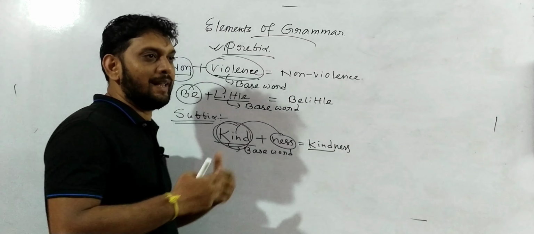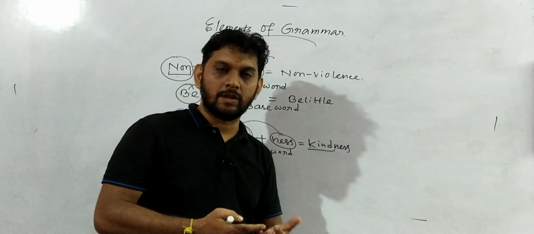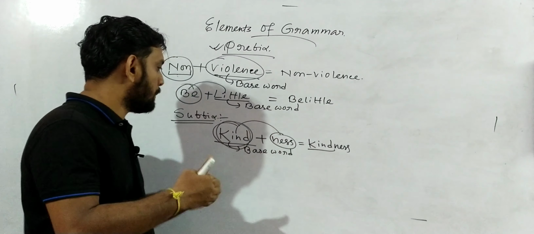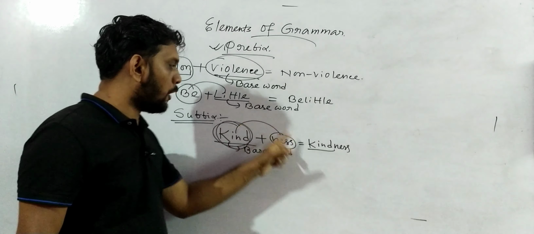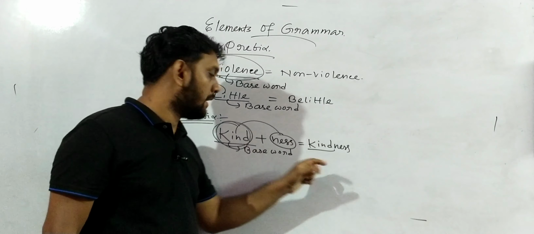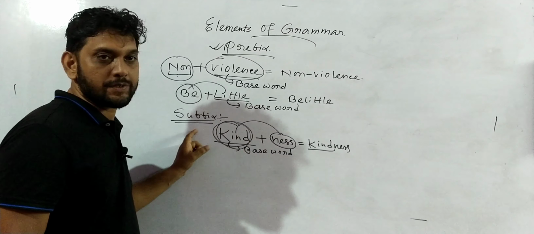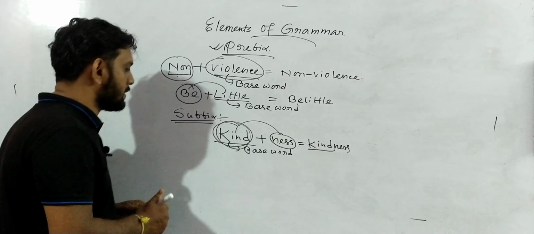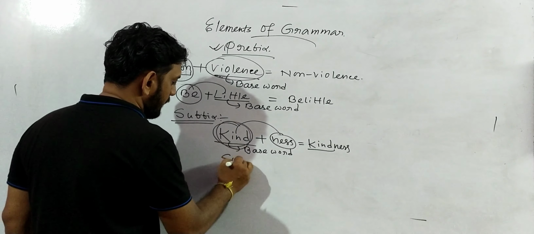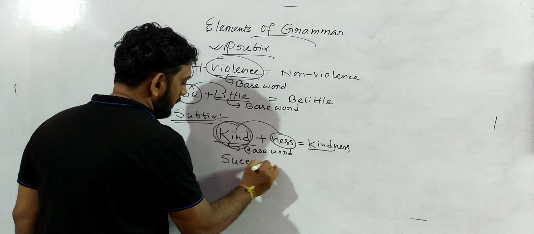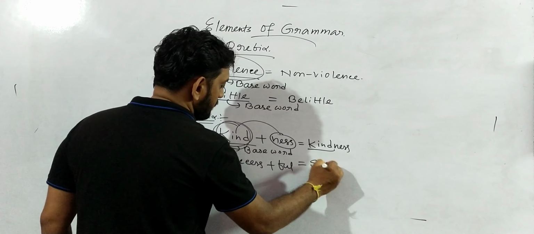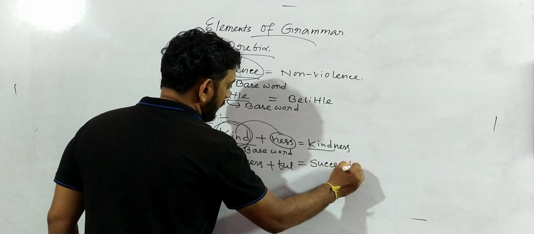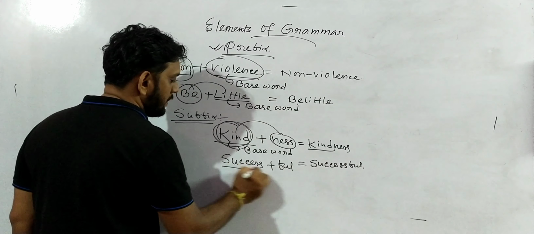Suffix means a letter or a group of letters placed at the end of the word, and it forms another new word, which is known as suffix. Let me give you another example. Success plus ful, it will become successful. Did you get my point?